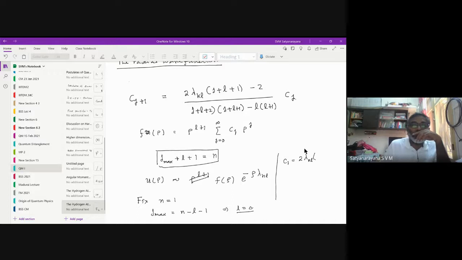That is J equal to J max, or J equal to 0, this is equal to 0, so this is 1, minus 2, divided by 2 times 1, and that is 0. So 2 will cancel. So I have lambda NL minus 1 into C naught.